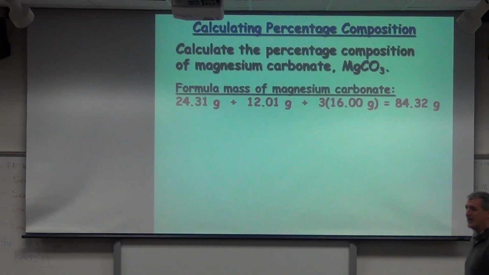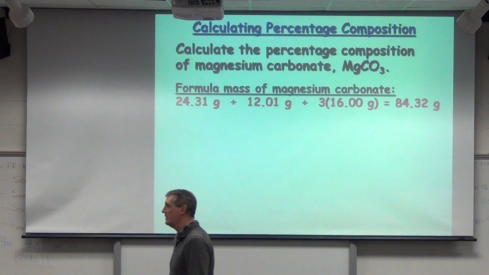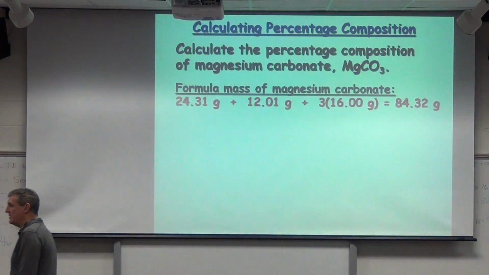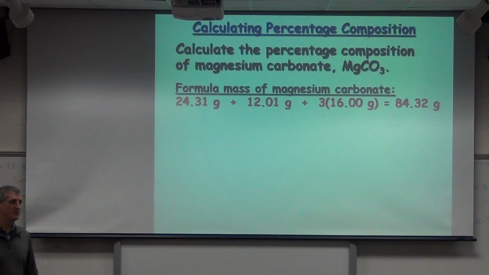We count magnesium once, 24.31, plus the carbon, which only shows up once, 12.01, plus the oxygen, and there's 3 of them, each of them at 16 grams apiece, for a total of 48 grams for the oxygen. When we add that whole mess together, 84.32 is the molecular mass of magnesium carbonate. So that's our whole.